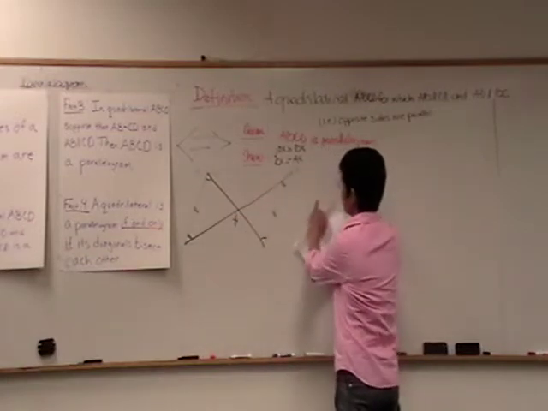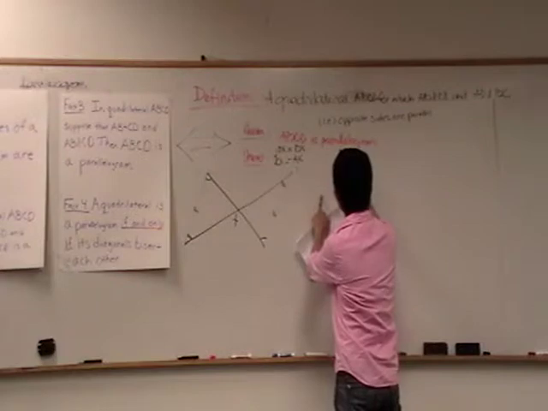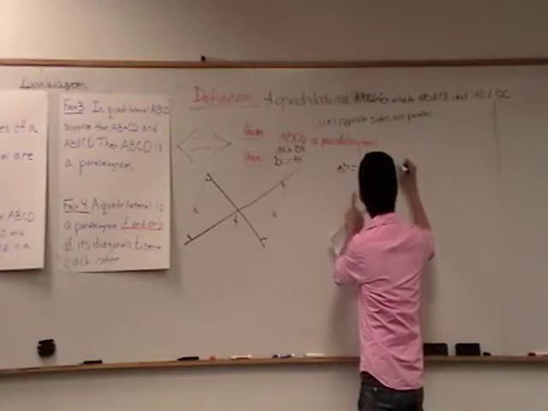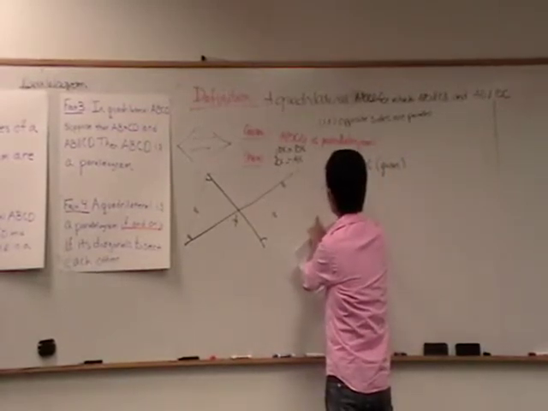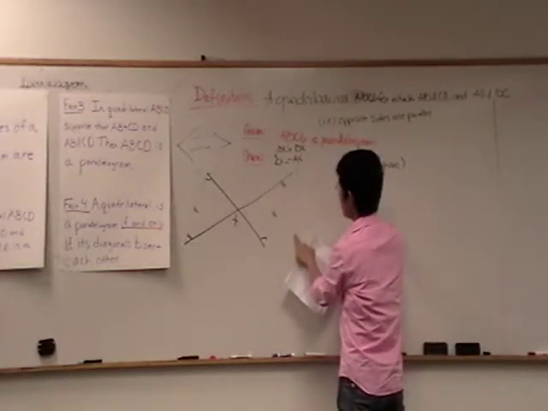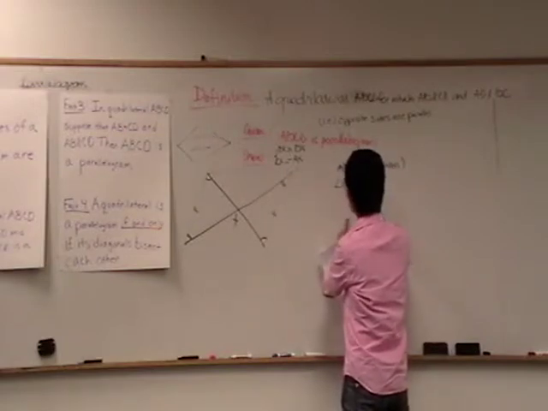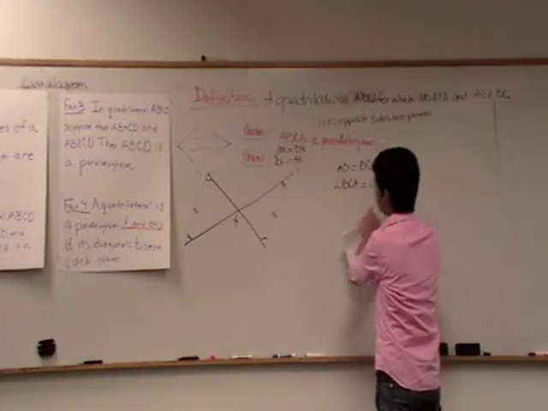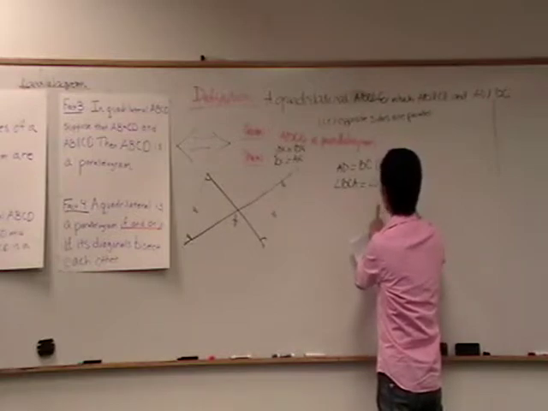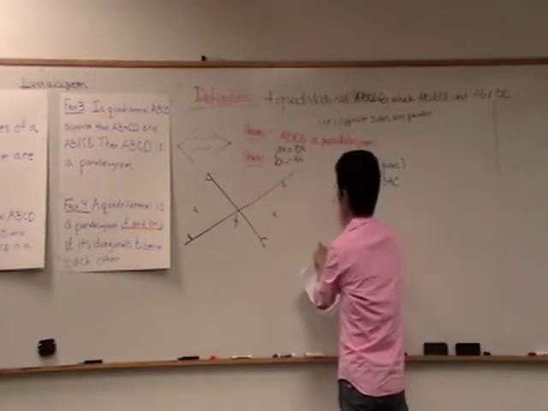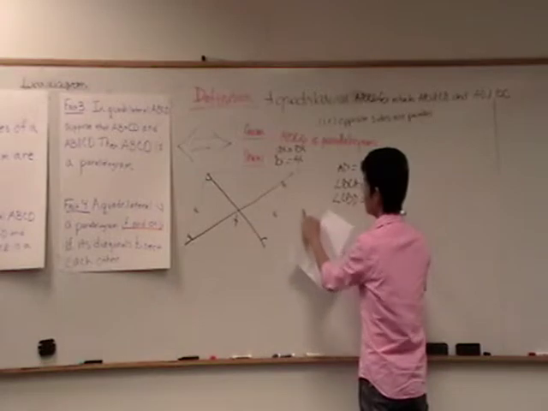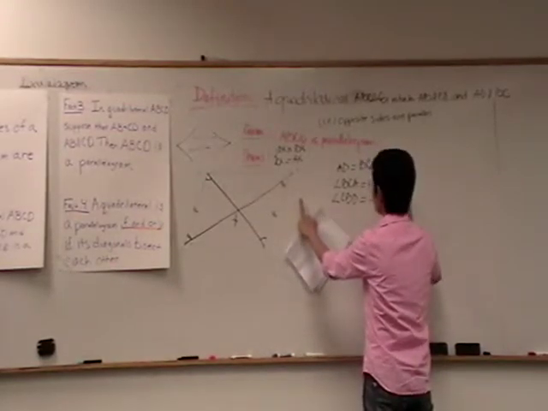So far we have AD equal BC, that's given, and angle BCA equal to angle DAC and angle CXD equal to the angle BXA.